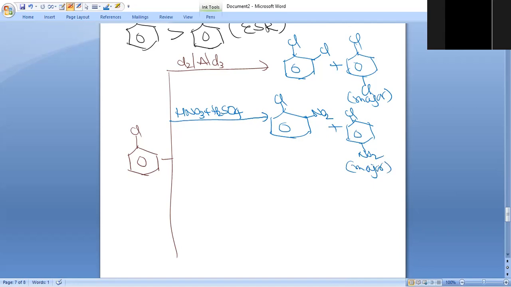Next, sulfonation. We are using concentrated H2SO4 and heating for sulfonation. Same thing, you will get ortho and para sulfonic acids. Para will be major. The SO3H group will come in ortho and para positions.